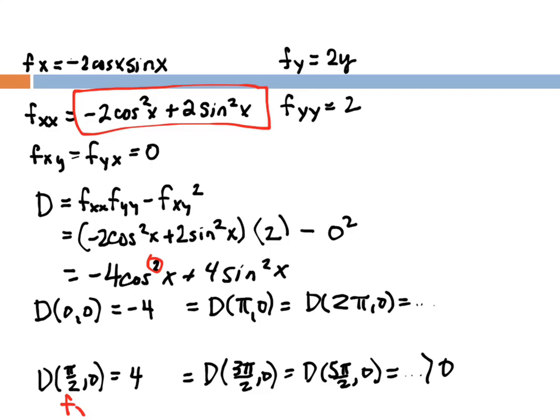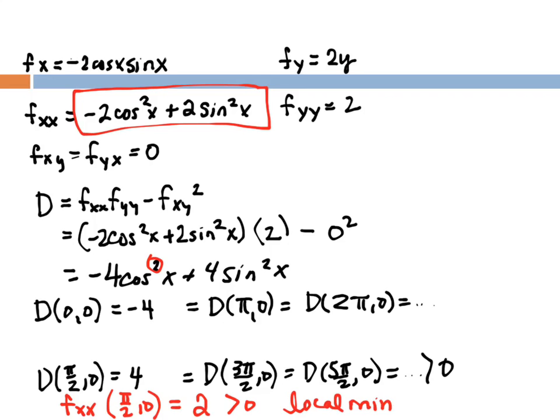So when I take f sub xx and evaluate it at pi halves, 0 or 3 pi halves or 5 pi halves, all of those, what do I get? I get a positive 2. So this is positive 2. It's greater than 0. So if it's greater than 0, it opens up, right? And if it's opening up, it's a local minimum. So this tells me I have a local minimum at all of those values. Lots of them. I'll write it all out cleanly in a moment.